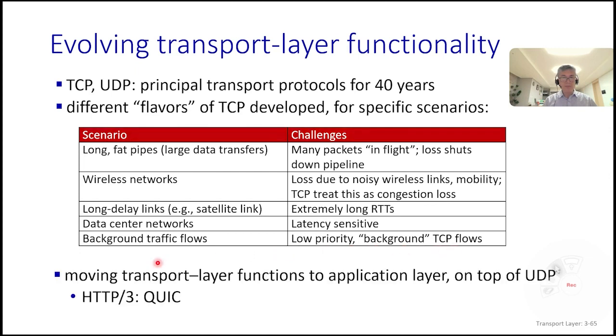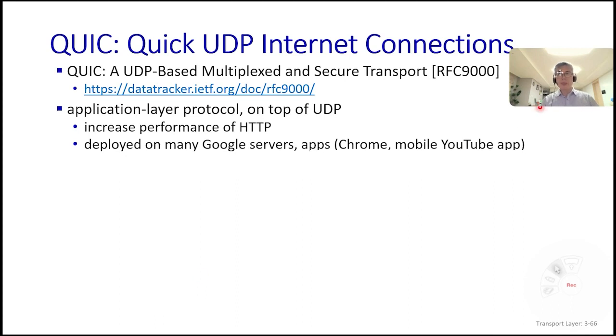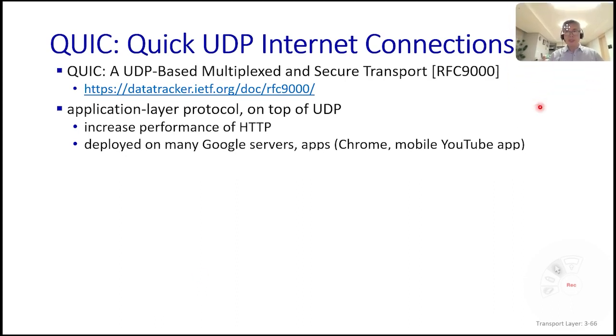Okay, so moving transport layer functions to the application, which means on top of UDP, we come up with HTTP/3 over QUIC. And QUIC is a new transport layer protocol.